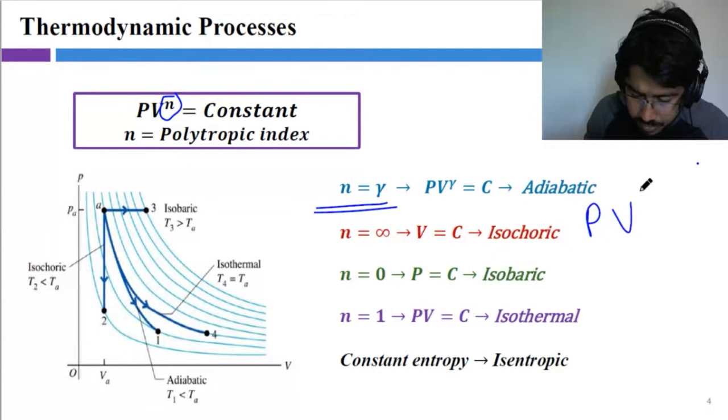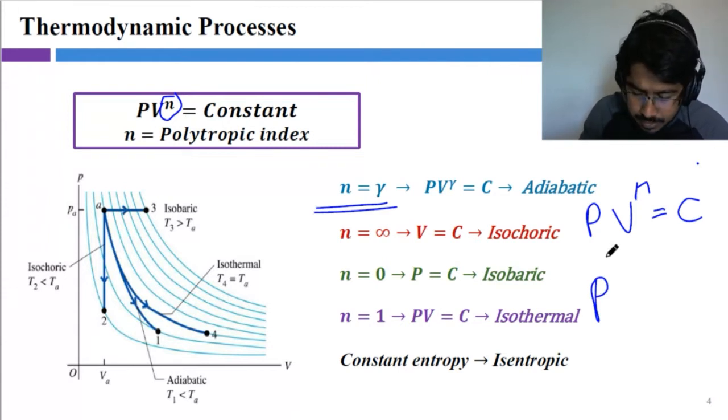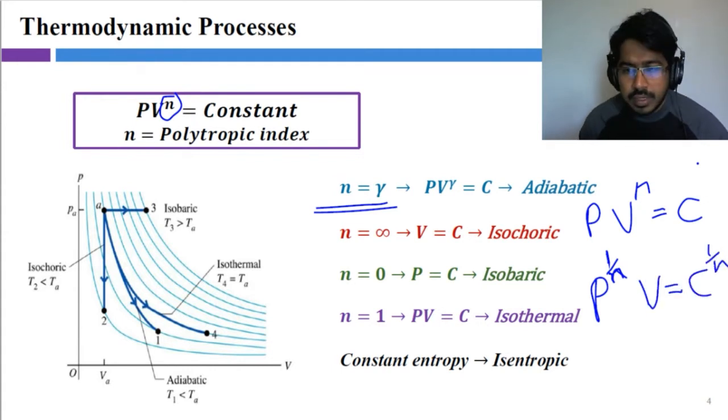Let's assume that PV^n equals constant. Then if we take the nth root of both sides, P to the power 1 over n, V equals C to the power 1 over n, right?